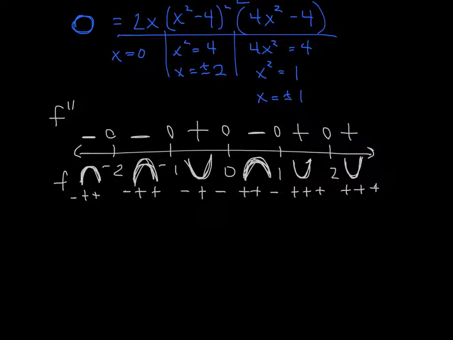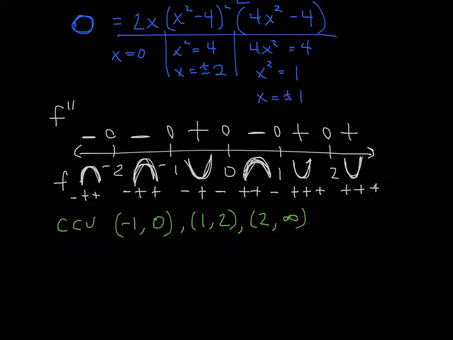All right, so if we want to describe our intervals of concavity, we can tell that we definitely have some repeating. We're down, then down, then up, down, up, up. If I talk about all of the intervals where I am concave up, that would be from negative 1 to 0, from 1 to 2, and from 2 to infinity.